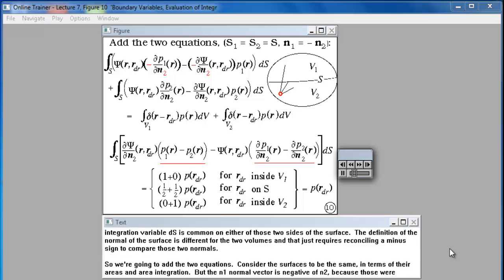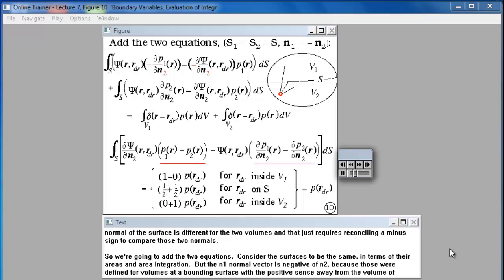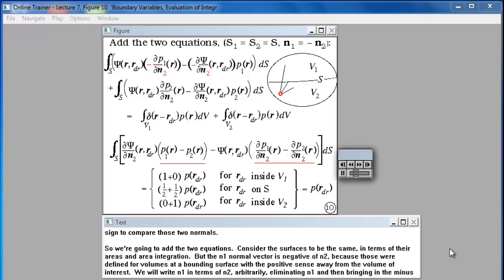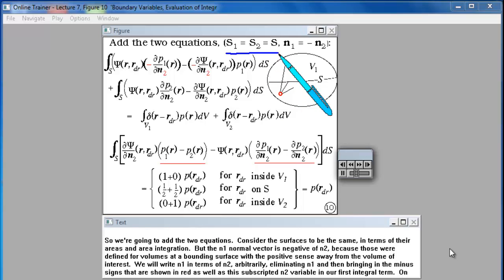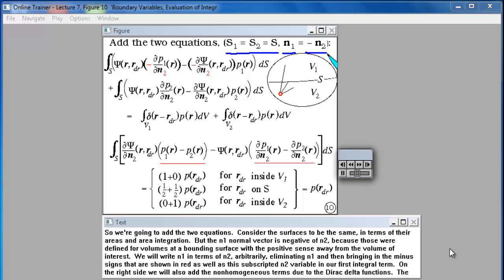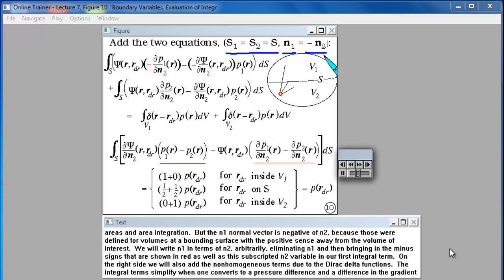The definition of the normal of the surface is different for the two volumes, and that just requires reconciling a minus sign to compare those two normals. So we're going to add the two equations, consider the surfaces to be the same in terms of their areas and area integration, but the N1 normal vector is negative of N2, because those were defined for volumes at a bounding surface with the positive sense away from the volume of interest.